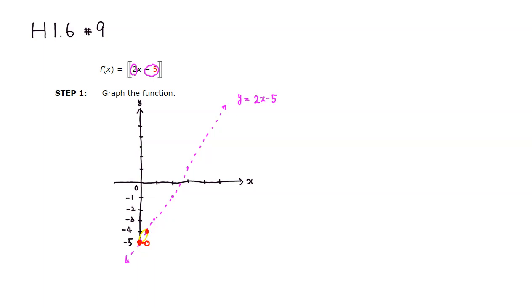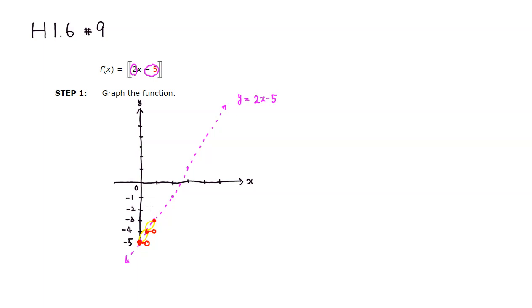If you look at just this portion, below -3 and above -5, because of the greatest integer function it's going to be brought down to -4. So you're going to have -4 up to that point. But as soon as the function hits -3, it's -3.